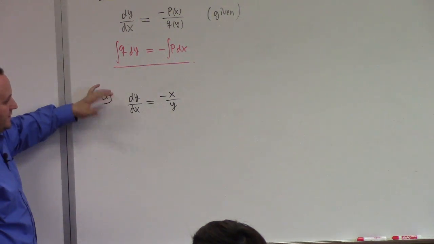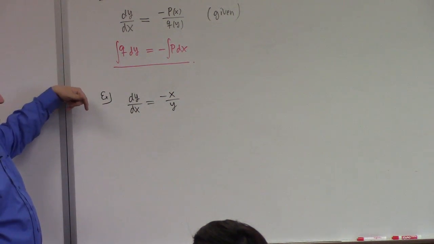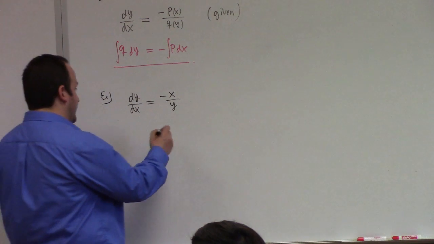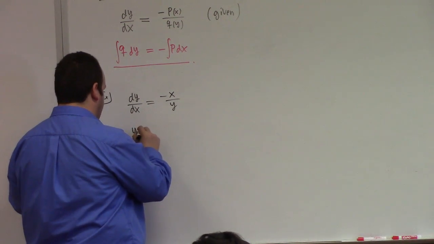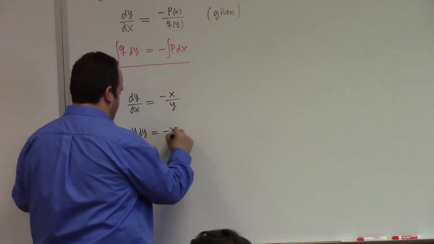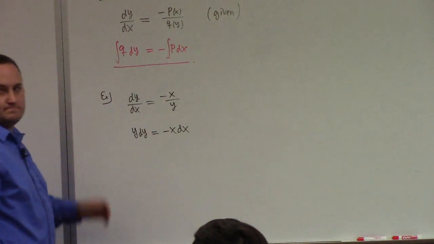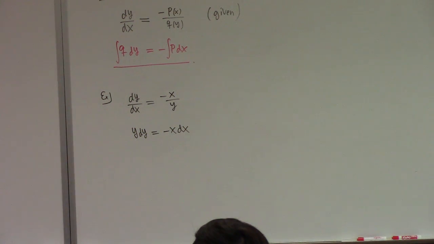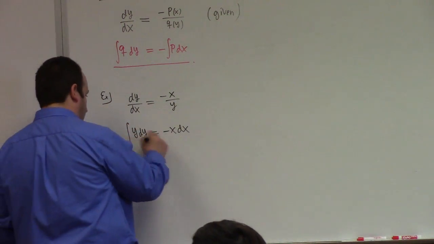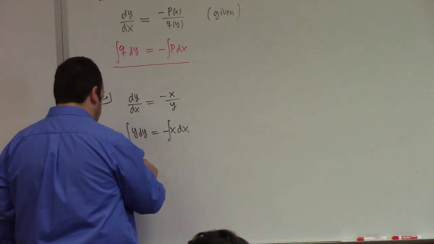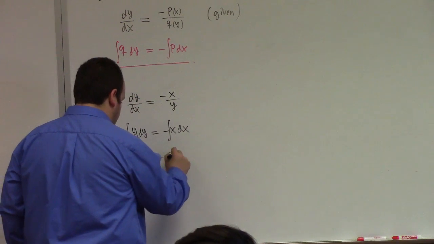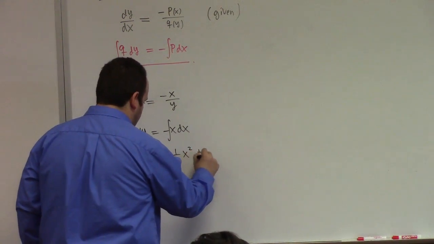All right, so what I do then is I follow my generic advice: separate variables at the differential level. So this gives me y dy is equal to minus x dx. And then I integrate both sides. This gives me 1/2 y squared is equal to minus 1/2 x squared plus a constant.